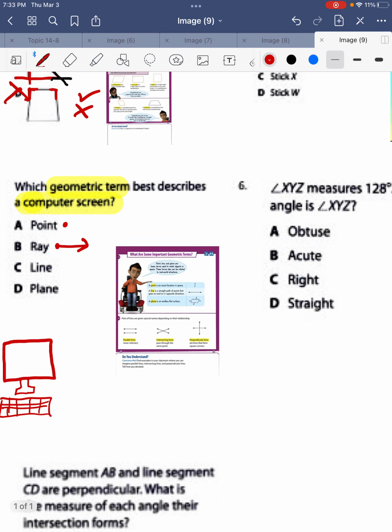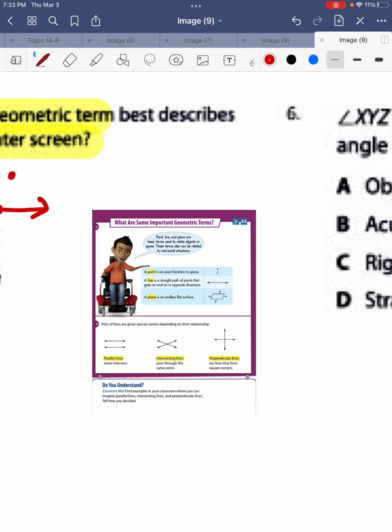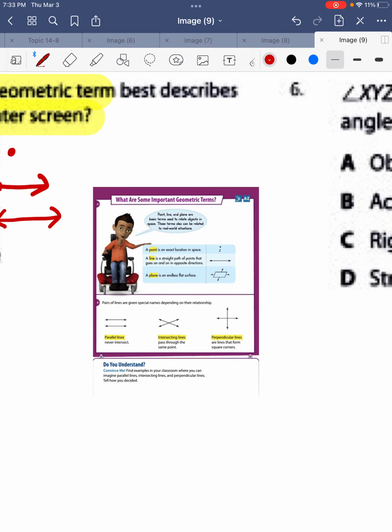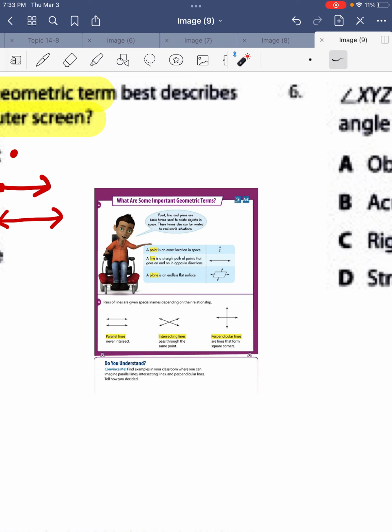Okay. A line looks like this. It has two arrows on both ends. Okay, so I'm going to draw that, an arrow here and an arrow here. Okay. And a plane, so I have it here. A plane looks like this. It's just, it says an endless flat surface, okay?